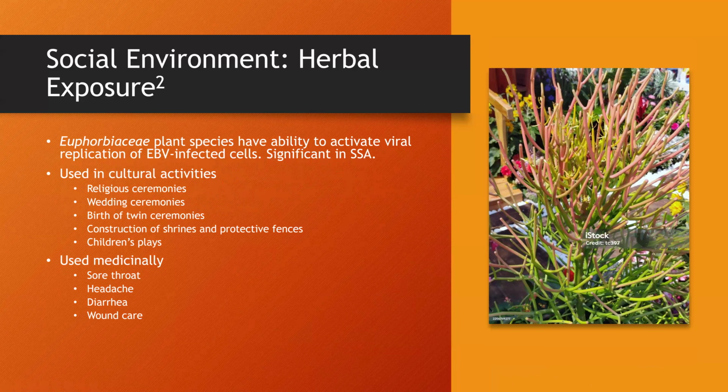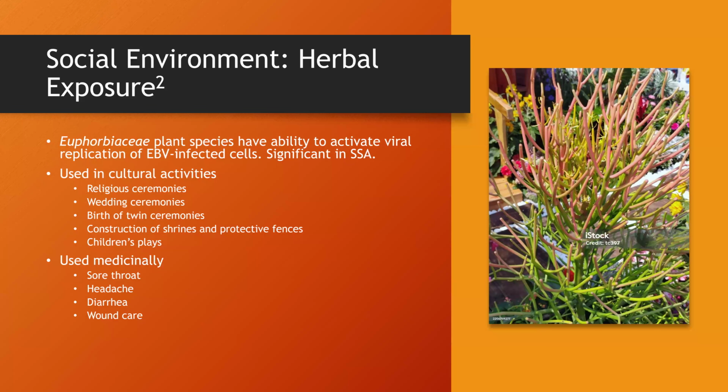So why are we talking about plants if we're talking about social environment? This is most significant for the occurrence of endemic Burkitt lymphoma in the sub-Saharan Africa region. So there is a plant species there that has the ability to activate viral replication of Epstein-Barr virus infected cells.